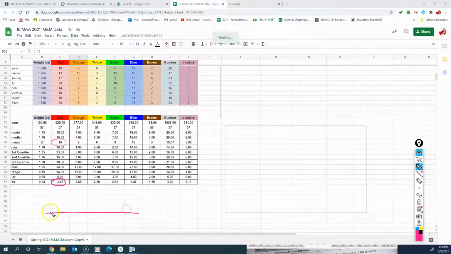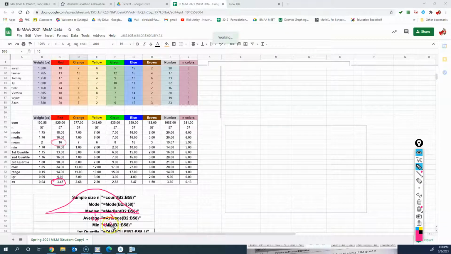If 16 was the average, most packages would have 16 plus 3.47, or 16 minus 3.47. Let's just think of it as 3.5.